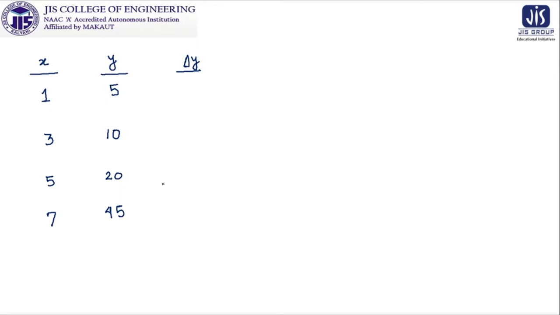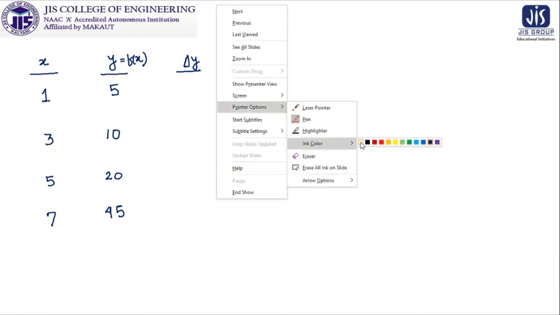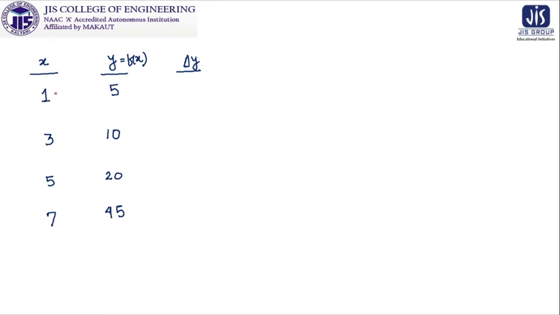So if I write y is equal to f(x), then in a generalized manner I can denote it as x0, x1, x2, x3, and this is my y0, y1, y2 and y3.